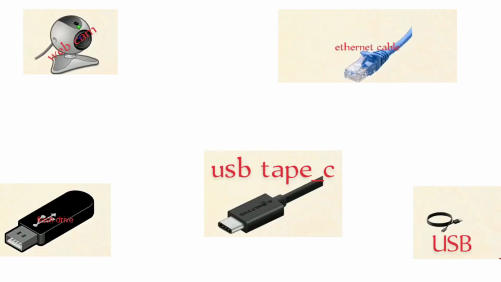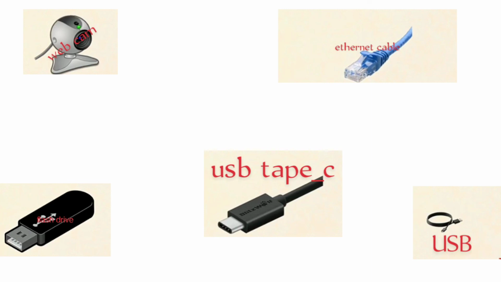Those parts are a webcam, and a flash drive where we can store our information permanently. Also it is portable. We have an internet cable, USB Type-C, and USB. This internet cable helps to connect our computer to the network.